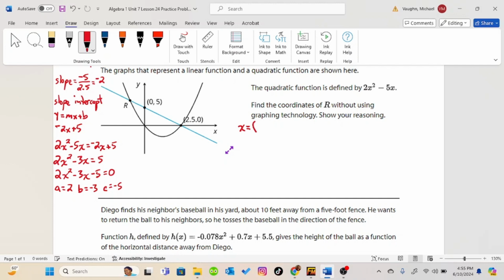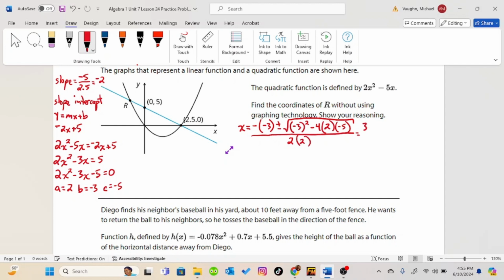X equals negative B, which is negative 3, plus or minus the square root of B, which is negative 3, squared, minus 4 times A, which is 2, times C, which is negative 5. And all of that is over 2 times A, which is 2.